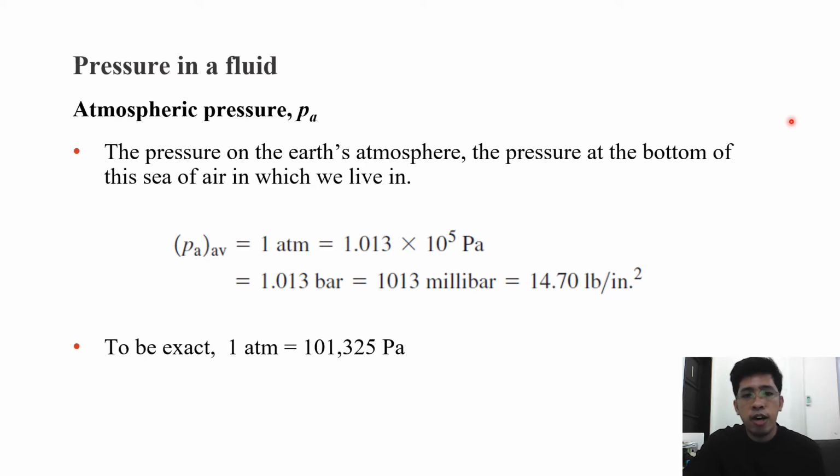And your 1 atmospheric pressure is equal to 1.013 times 10 to the 5 pascals. Or in other units, you have 1.013 bar or 1013 millibar, or this is equal to 14.70 pounds per inch squared. To be exact, 1 atm or 1 atmospheric pressure is equal to 101,325 pascals.